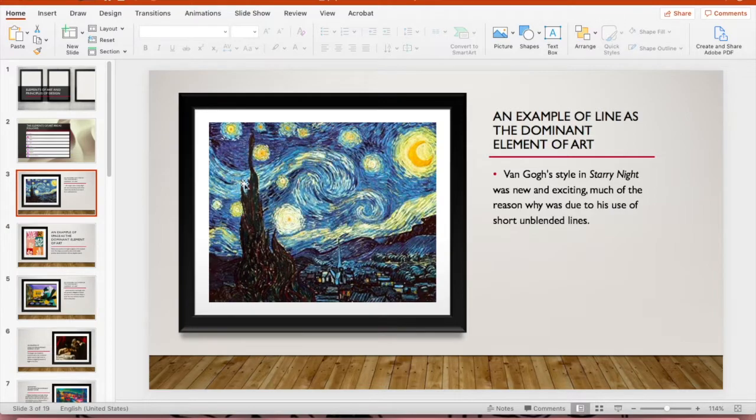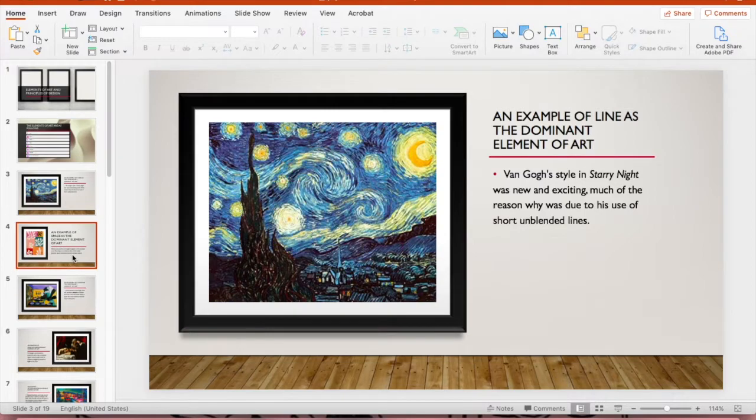And I think that would pair really well with rhythm, all right? So short, unblended lines. Van Gogh uses that in a signature effect here. He really sells his signature style here with these short, unblended lines. It makes the painting look rhythmic. It makes the painting look flowing and magical.